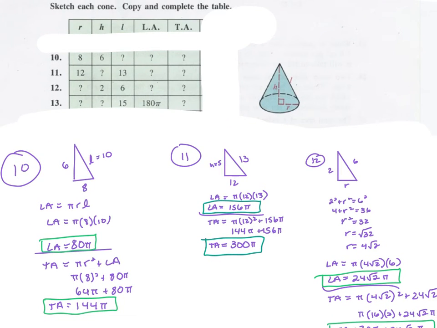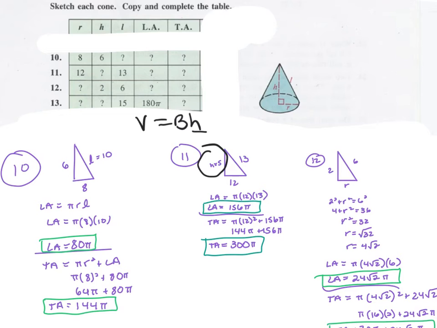So all we needed was the radius and the slant height. But again, this height here, we're going to need in the volume formula. Because if you remember, volume of any shape is going to be area of the base times how tall it is. So this is where the H is going to come into play when we do the next 2 lessons.